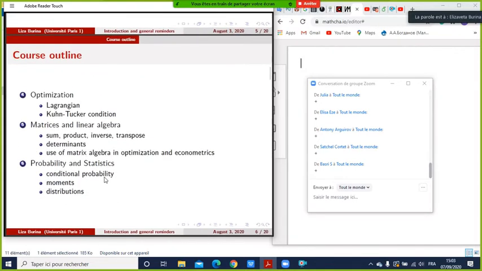Then optimization. If you've never seen what a Lagrangian and a Kuhn-Tucker condition are, you're going to have to do a lot of work. I know that you're tired of that already, but I really encourage you to take these two weeks very seriously, because later you won't have time for that.